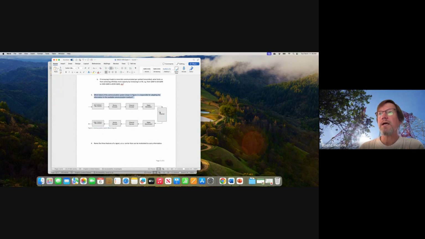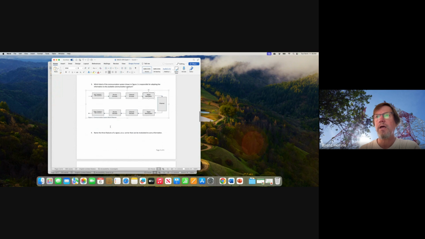So you would recognize that the channel is really the communication medium, and that it's the digital modulation stage that is responsible for adapting the information to that channel. That was the correct answer. In the presentation, in the first or second week, this diagram shows up on 3 different slides, and I describe each of these. On the first slide, I described the channel on the second slide, and then I described the receivers on the third slide.